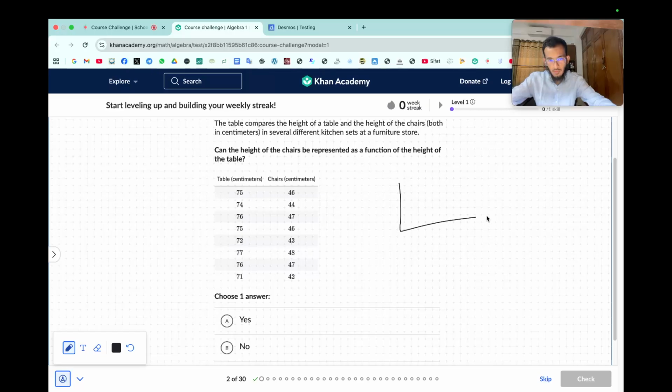We want to represent heights, so heights of chairs as a function of heights of the table. So the function here should be on the y-axis. Now, can we do that or not?